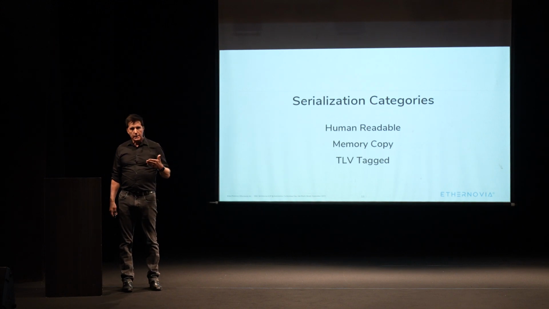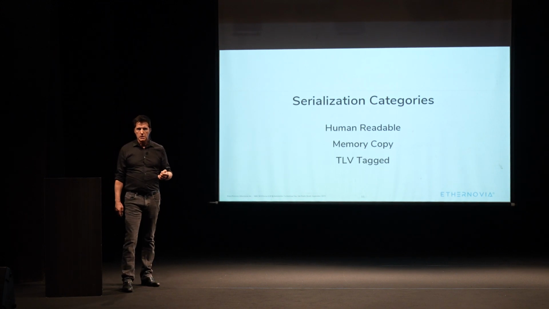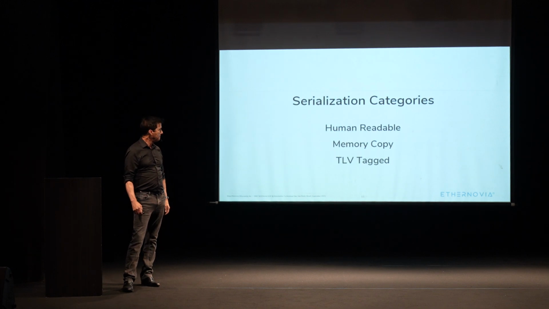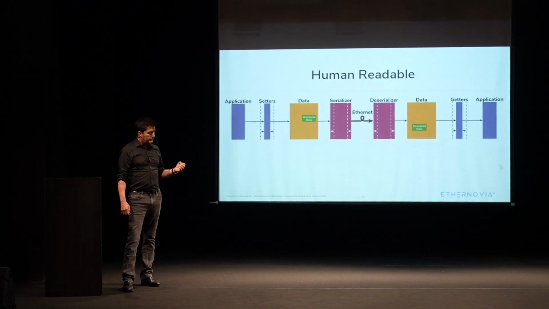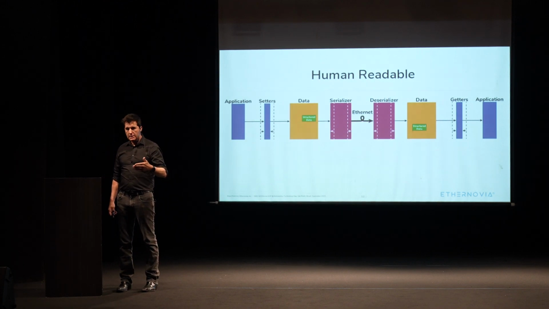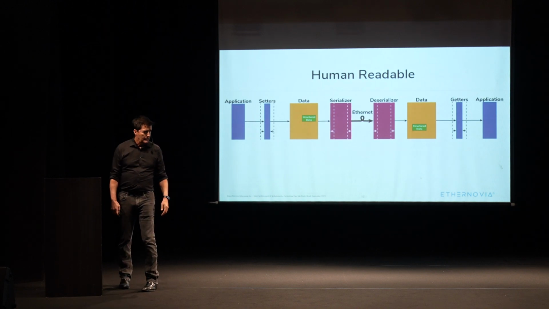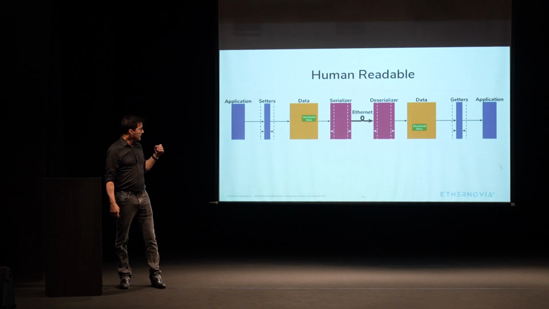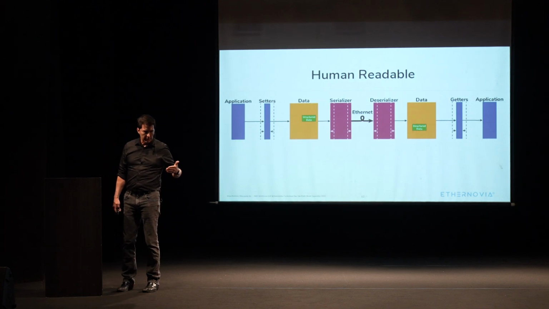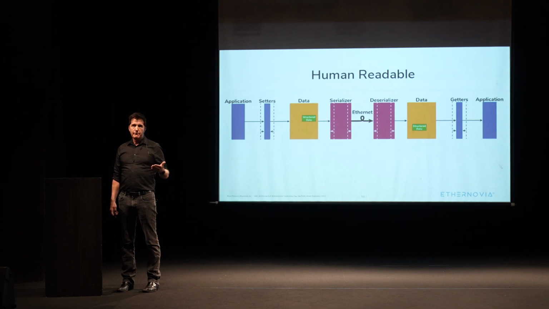There are several broad categories of serialization. These include human readable, memory copy, and TLV. Human readable serialization, as its name implies, is human readable text that is either fully or mostly self-describing. For example, individual variables are expressed using key value pairs.